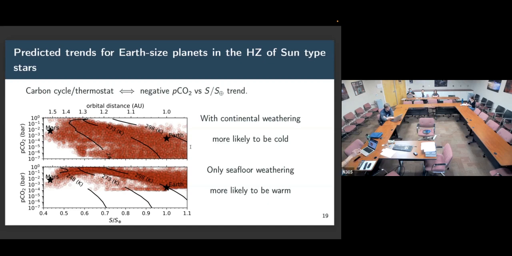This has some consequences: the planets that have continental weathering are actually more likely to be cooler when they're further away from the star than their stagnated counterparts, whereas the stagnated planets are more likely to have a temperate climate at a low insolation, but are worse at removing CO2 when there's too much light.